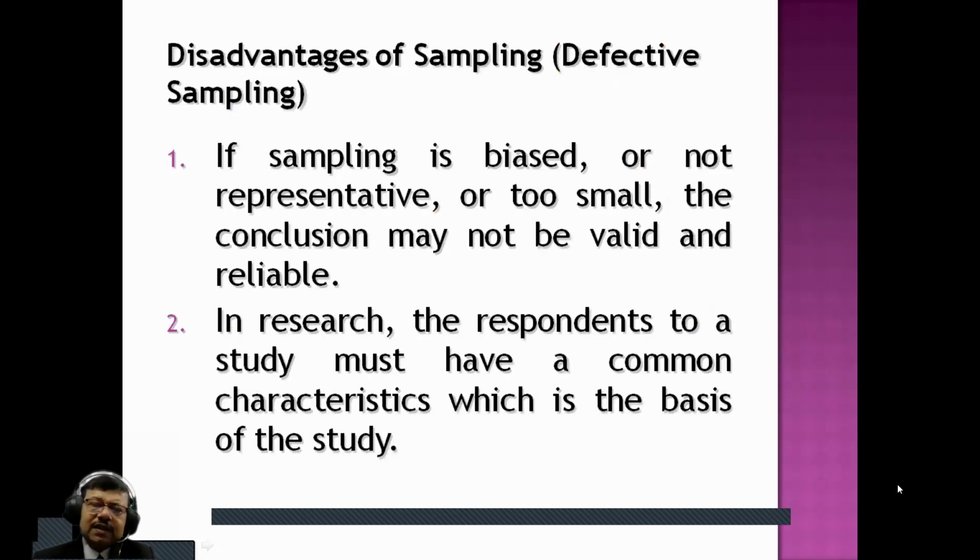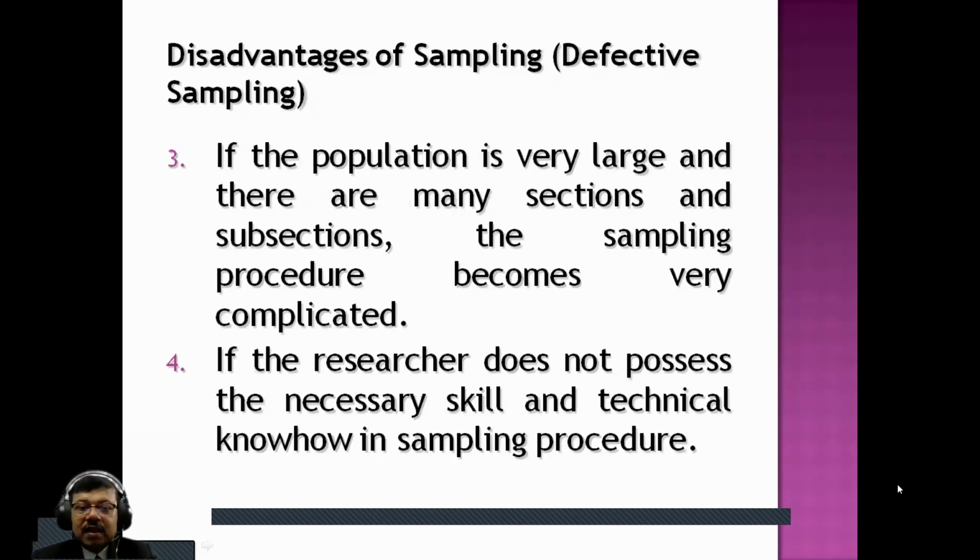But does sampling not have any disadvantages? No, no. Sampling also has disadvantages, like defective sampling. If sampling is biased, not representative, or too small, the conclusions may not be valid or reliable. In research, the respondents to a study must have common characteristics which are the basis of the study.